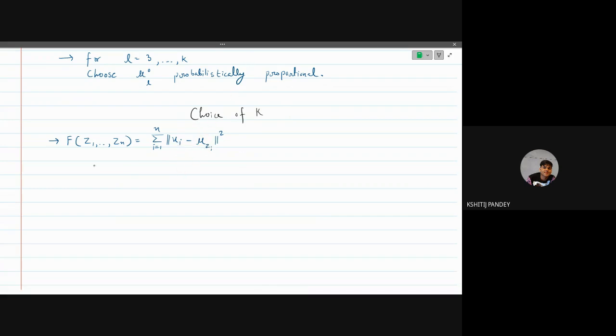So for k equal to n, the objective function is minimum. But this is no good to us, right?